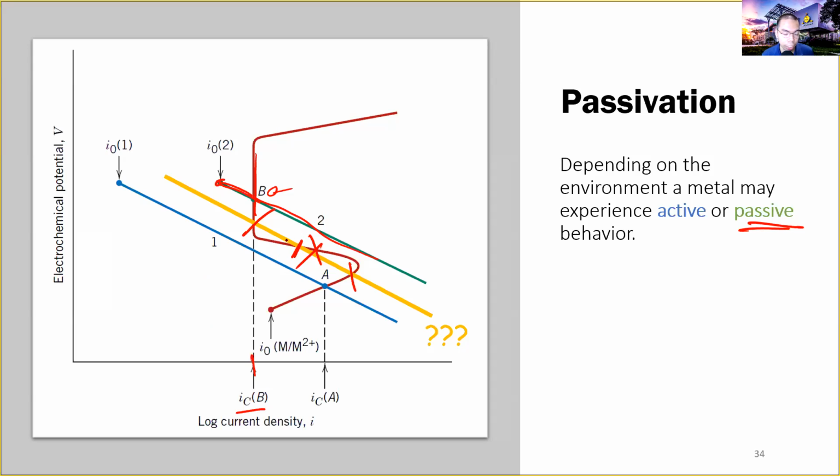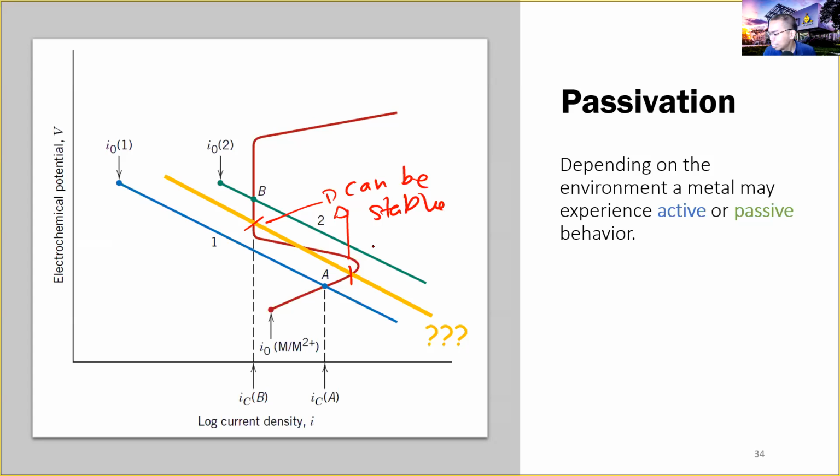Hindi yan natin kinoconsider. So again, pag nag-intersect siya, if nag-intersect siya in 2 points, here and here, both of these can be stable, but we need further information, i.e. we need to actually observe the system to draw any conclusions from this one. Clear ba siya?